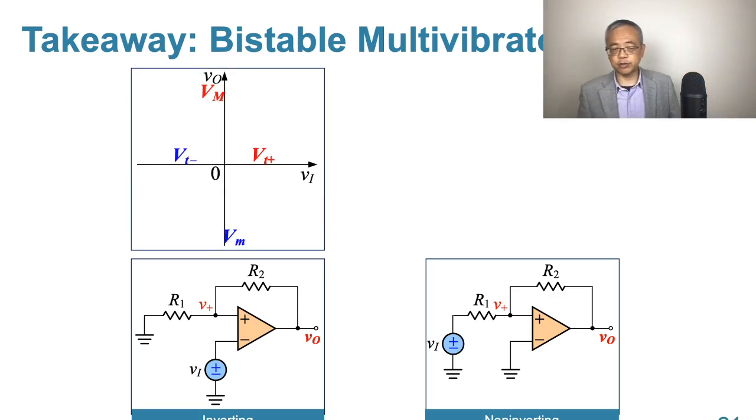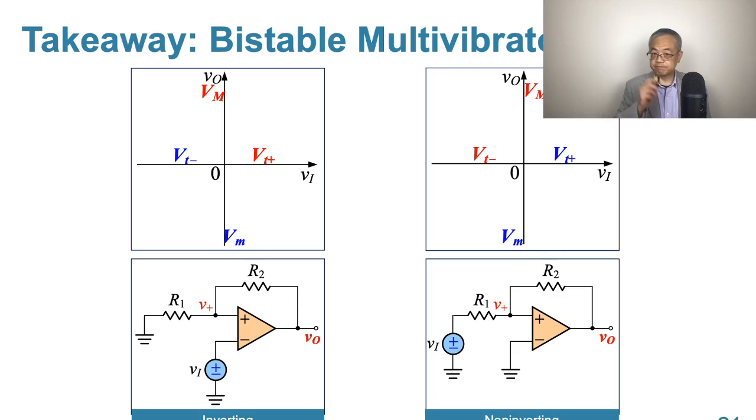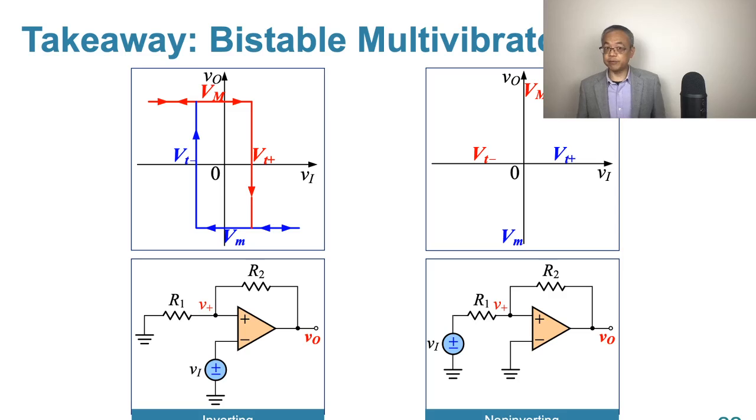So let me show you the result. Quickly review: on your left-hand side, for the inverting, the rest threshold voltage is positive. But for the non-inverting, the rest threshold voltage is negative. And I said the arrow is very important. For the inverter, just look at your watch, okay? It's clockwise. The hysteresis is clockwise.